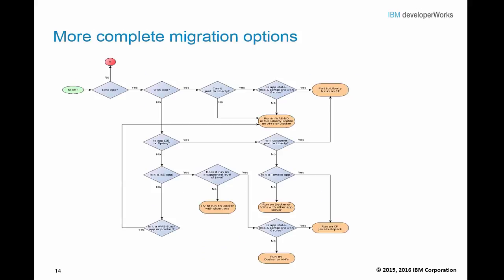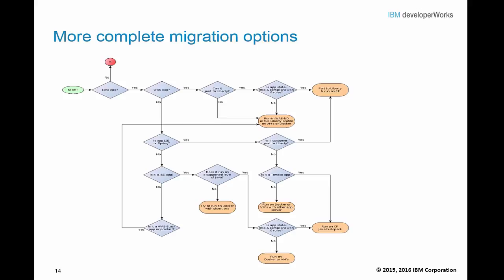This flowchart in turn walks you through considerations for running a Java application on WebSphere Liberty Profile on Cloud Foundry or IBM Bluemix versus running them on Cloud Foundry that supports Docker container or OpenStack VMs versus running them on WebSphere Application Server middleware offering on IBM Bluemix.